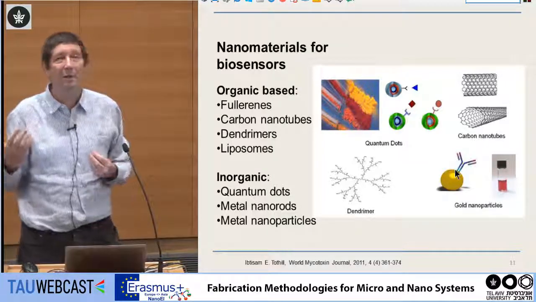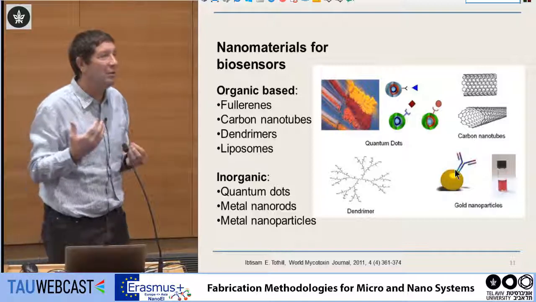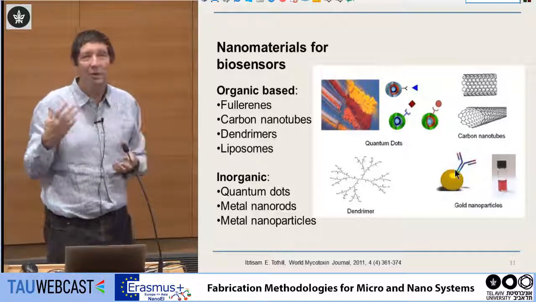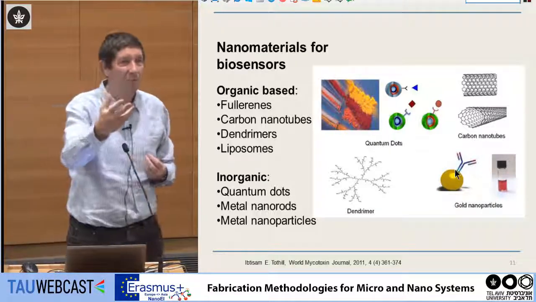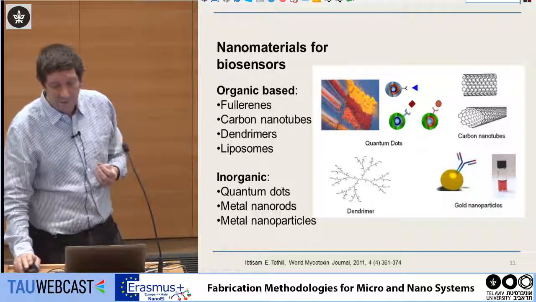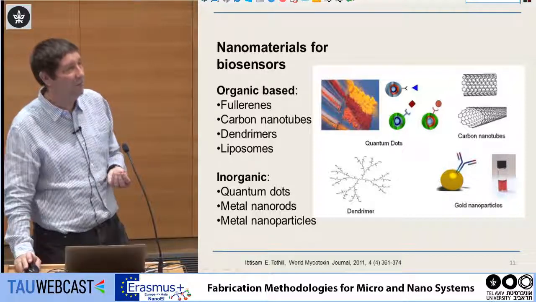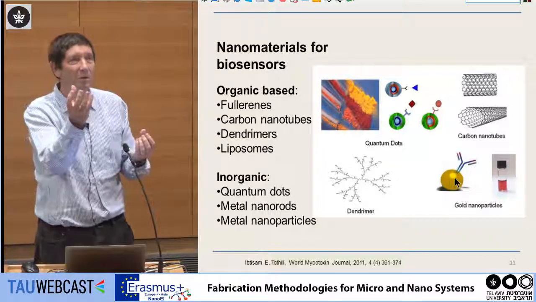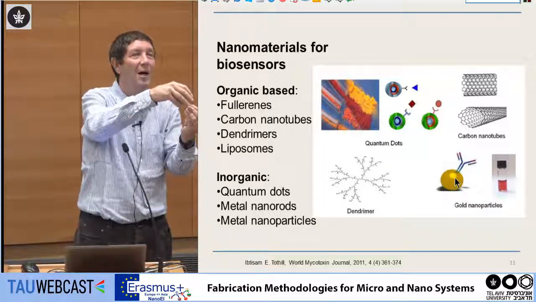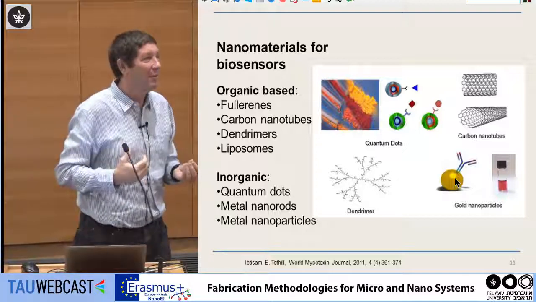This is called labeling. This is called sensors which are labeled. I don't detect the microbe, but I connect the antibody which detects the microbe, and this antibody is connected to the gold nanoparticle. So once the gold nanoparticle is attached to the microbe, now I can detect the gold. How do you detect gold?